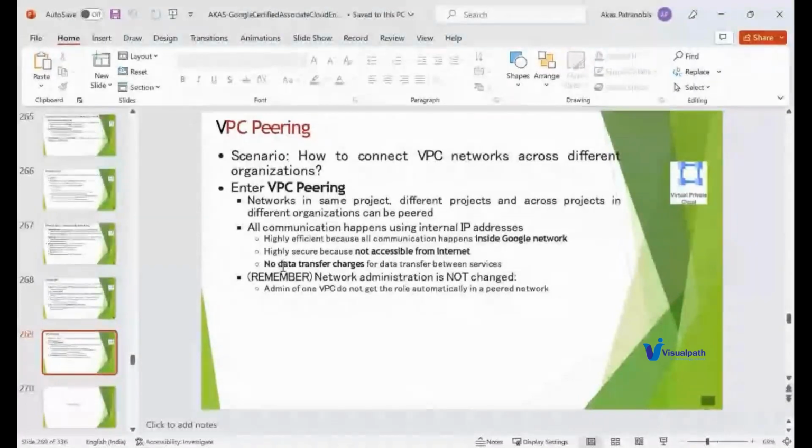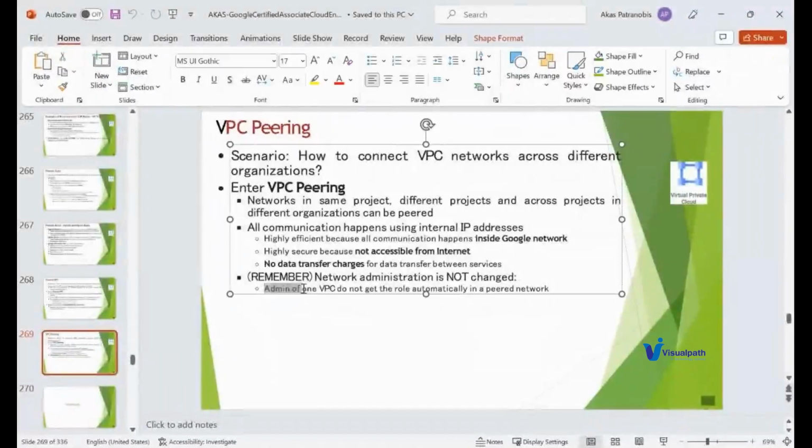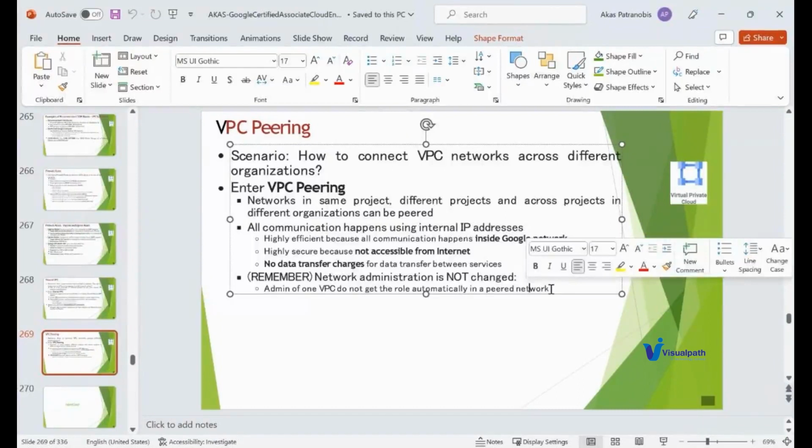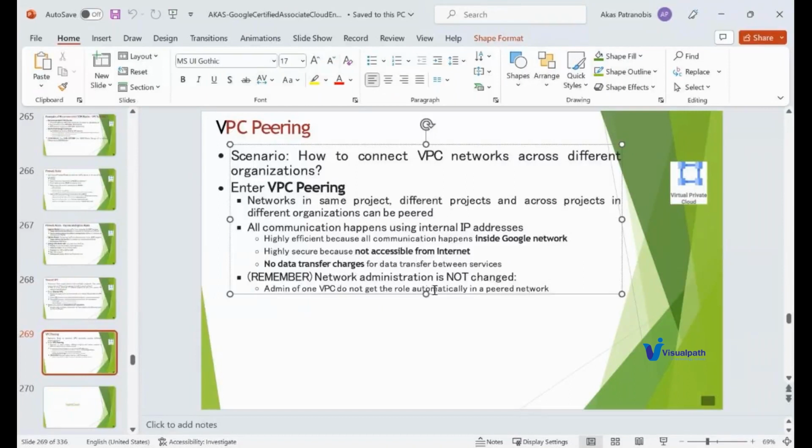Just a pointer to remember, this is related to your IAM. When we talk deeply about IAM, we will look into it. But as you have used AWS, you might know the generic term: the admin of one VPC does not automatically get the role in a peered network. What I mean is, let's say I have VPC A and there is a network admin IAM role given to a user in that project.